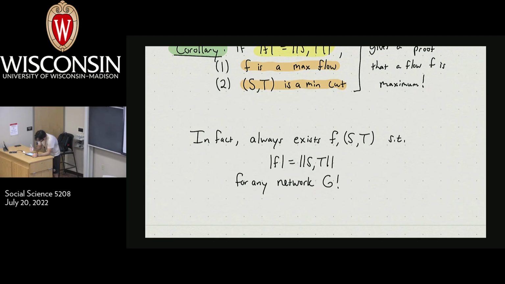But a critical theorem here is there always exists a flow and a cut that are equal in any graph. So you give me a network G, I know there exists a flow and exists a cut that have equal value, equal to capacity. So this says that idea we can use on any graph, not just certain graphs.